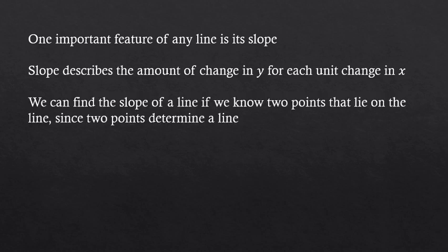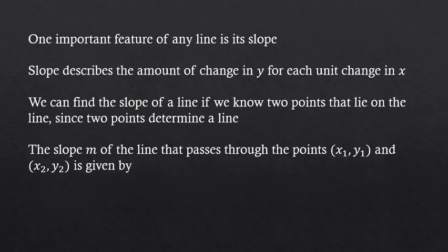So we can find the slope of a line if we know 2 points that lie on the line, since 2 points are all you need to uniquely determine a line. Now later on in the video, we'll talk about other ways that we can determine a line, but for now, we're just going to work with 2 points.